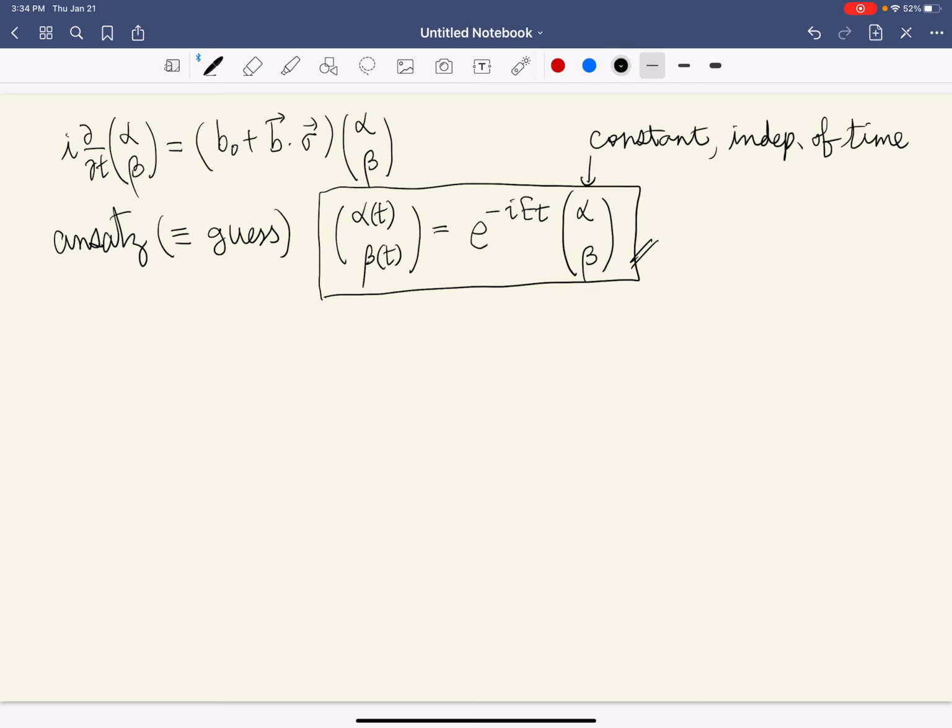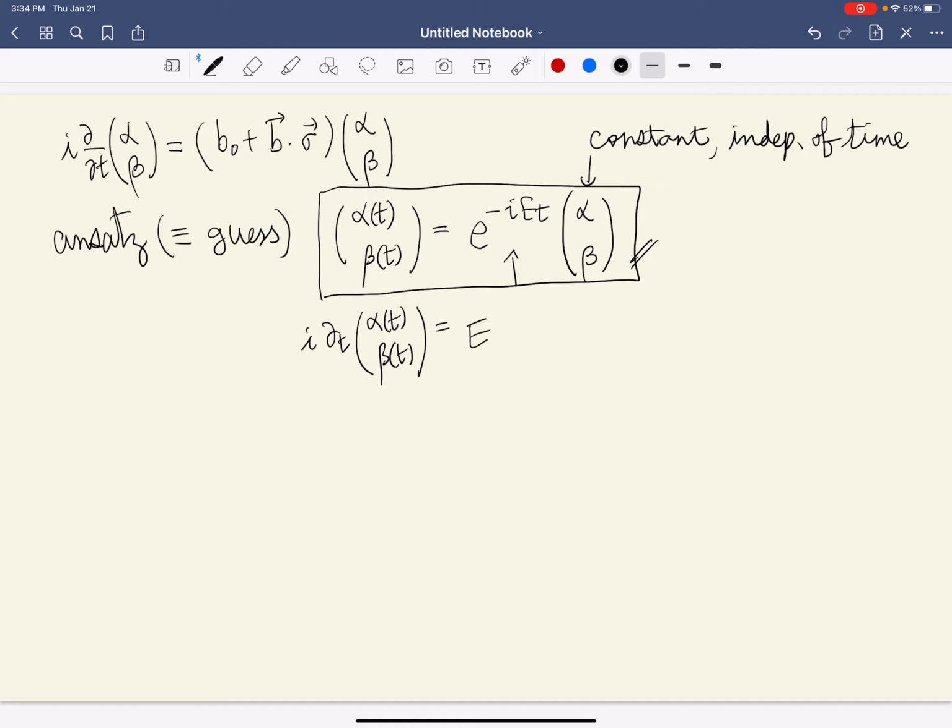So now, if you act with a time derivative on this, the only place where the time derivative acts is, of course, this exponential factor.